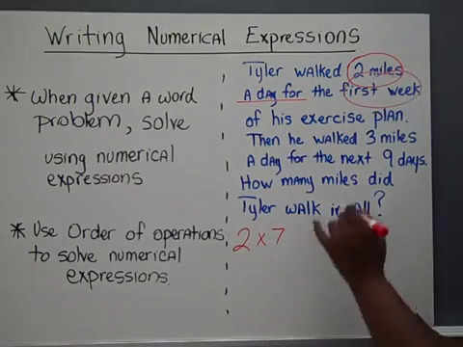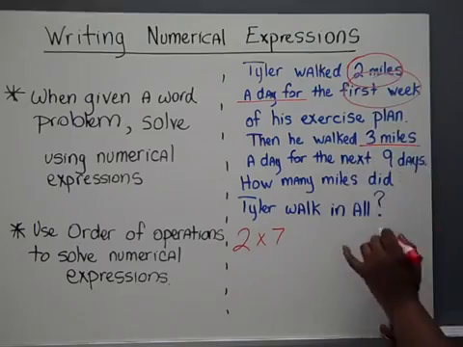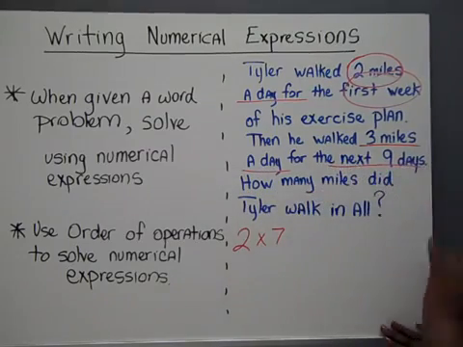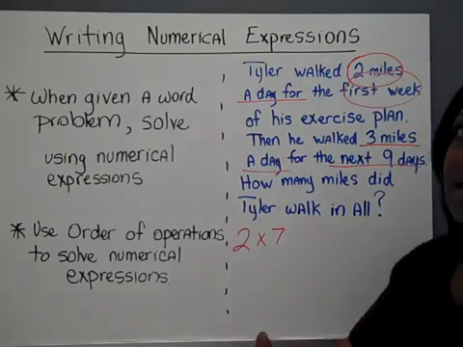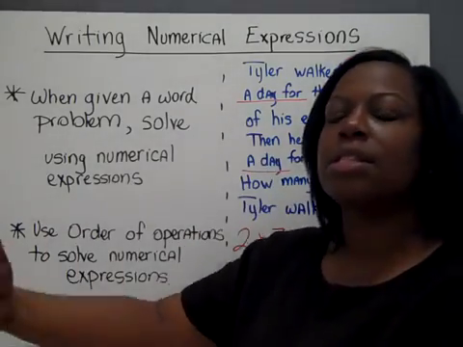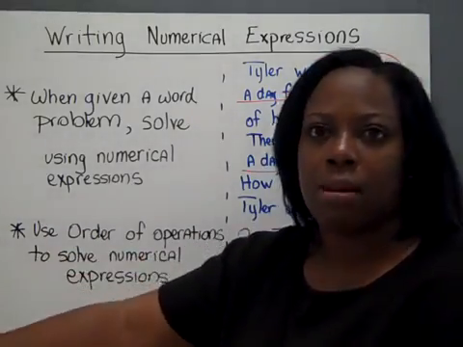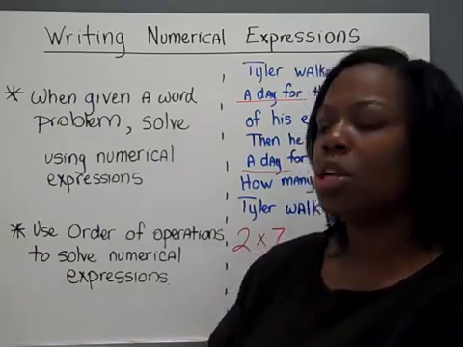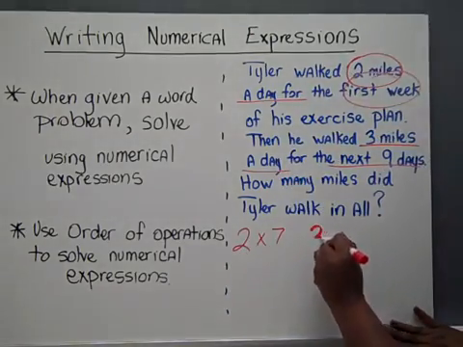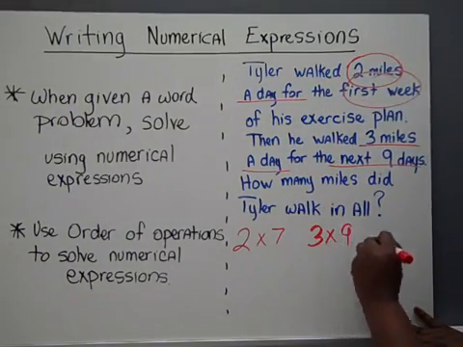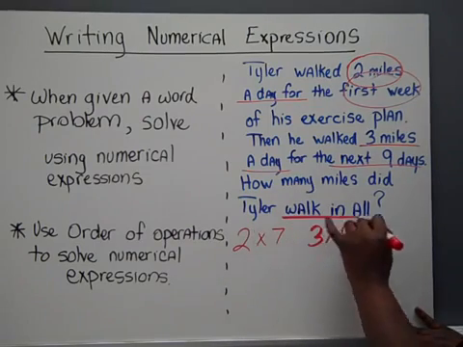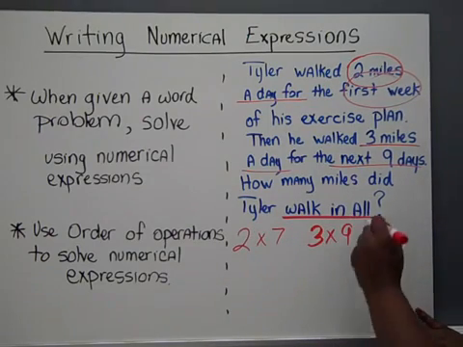And it goes on to say, then he walked 3 miles a day for the next 9 days. Again, he's walking 3 miles the same amount of times. Again, this is repeated addition, also known as multiplication. At the bottom, the question asks, how far did he walk in all?